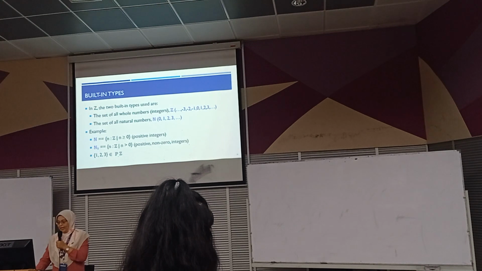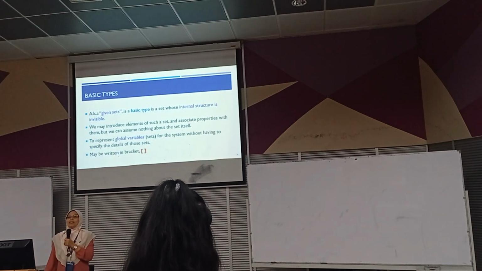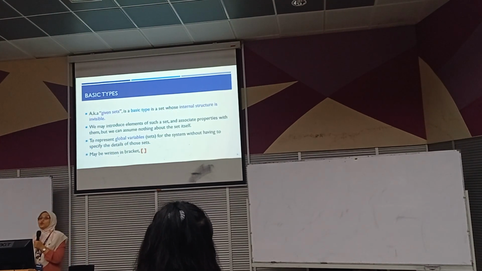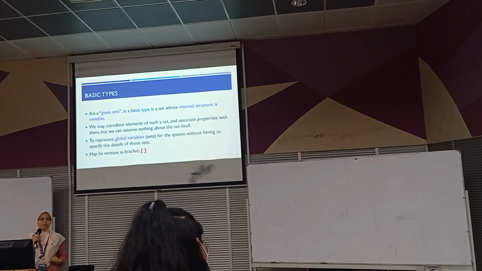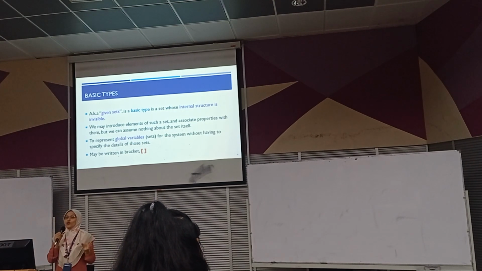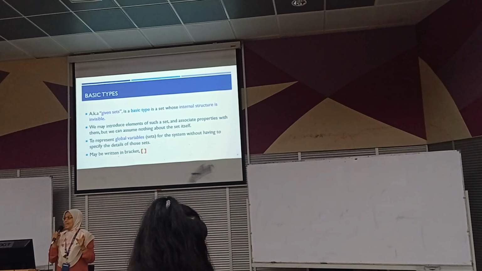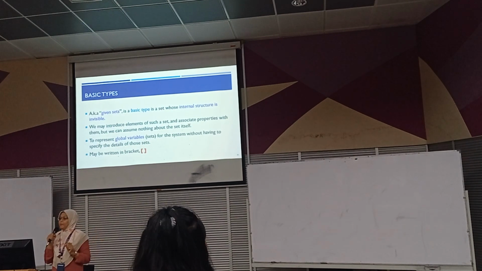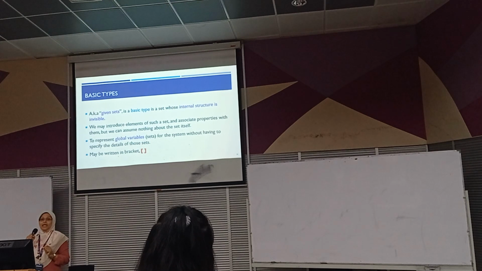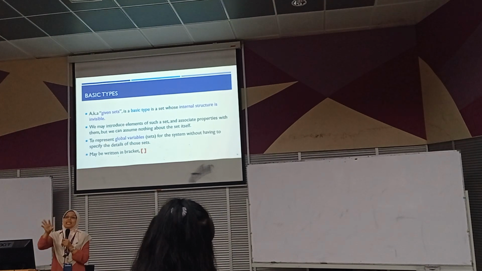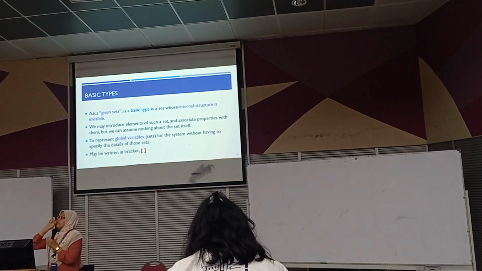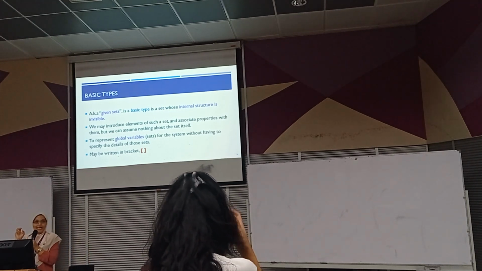The one that you are going to use a lot will be what we call basic type, also known as given set. Basic means that this is the basic thing about your Z. This is the core of your Z, your type here.